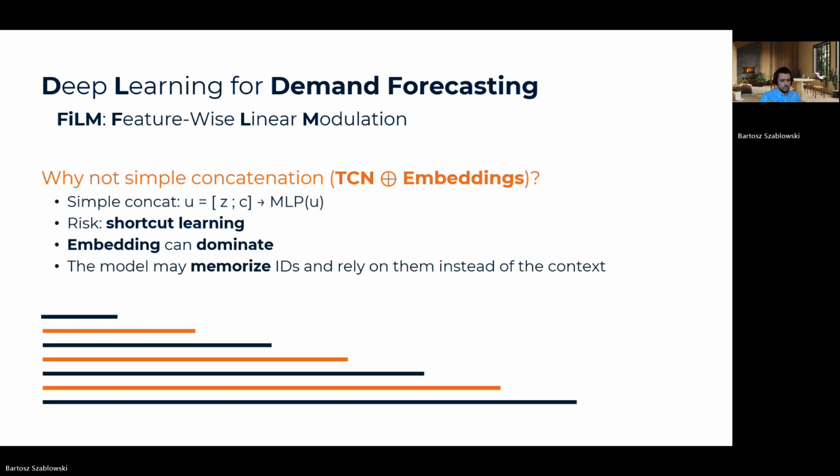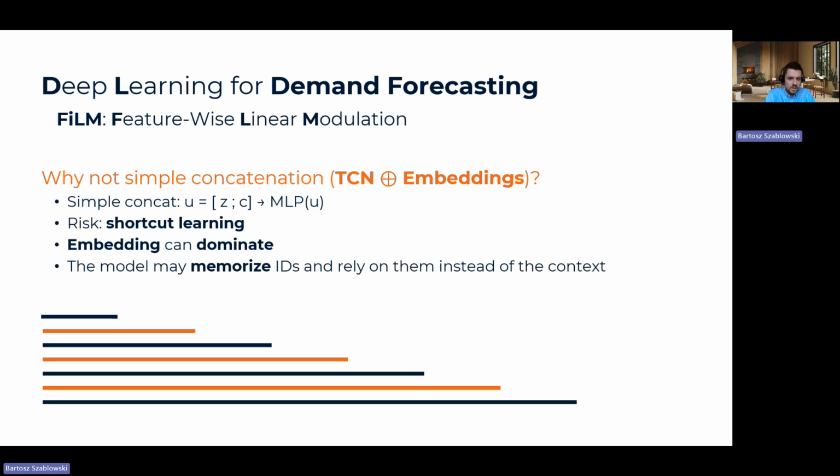Okay, so we already know that we want to have these two pieces of information. So how to combine them? So maybe just concatenate the TCN output with embeddings, and it should work, right? We will have just one vector with both pieces of information. Technically, yes, it works, but it also has an important drawback.